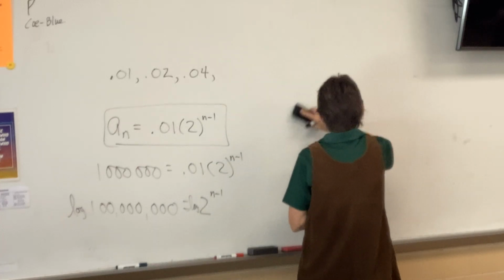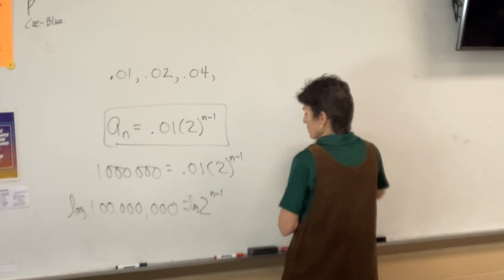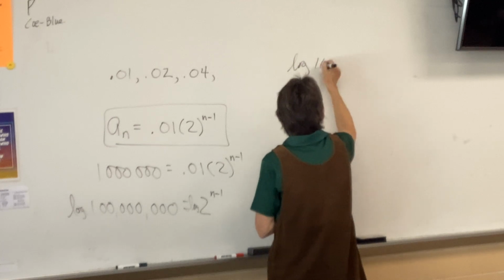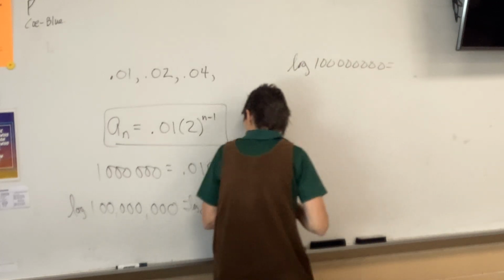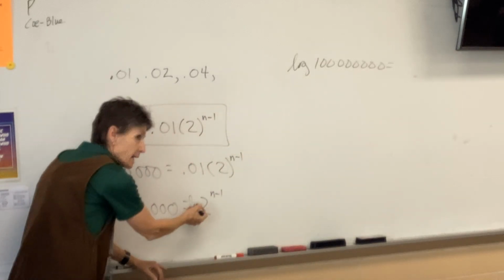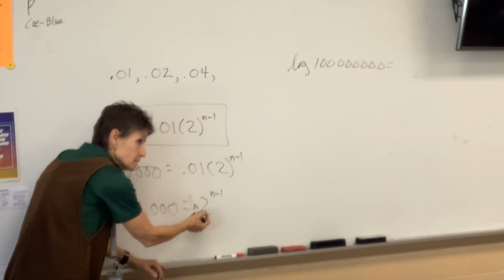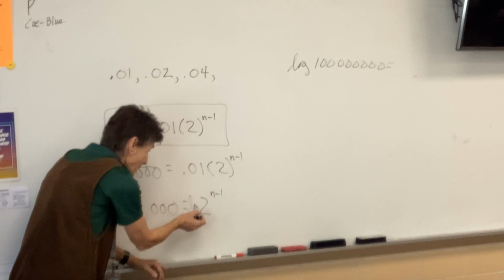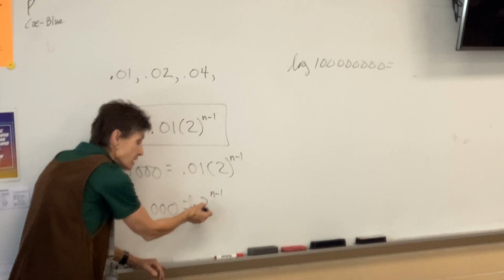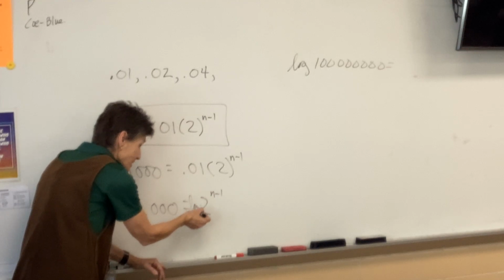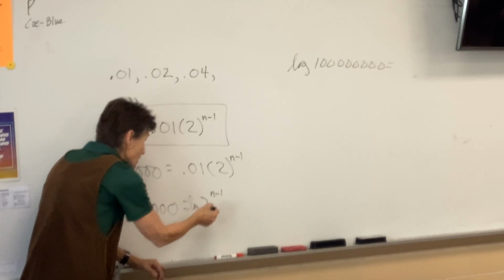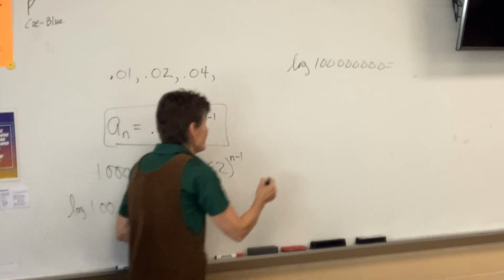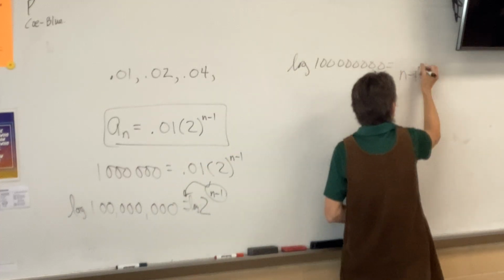There is a little trick that we may talk about later on, but not today. Now, these do not cancel. They only cancel when the base of the log matches, like if that had been a 10, I could cancel. This base is 10, that number's 2, they don't cancel. So I'm going to take my exponent and bring it out in front.